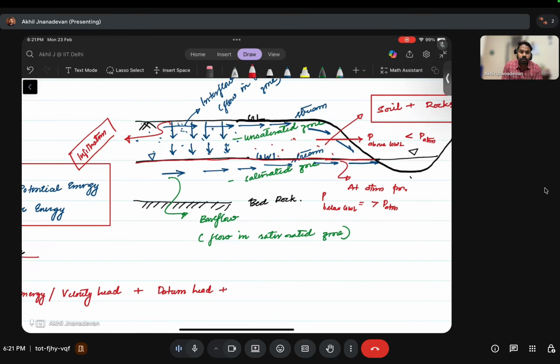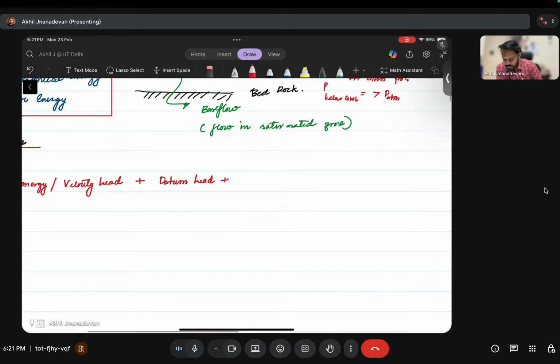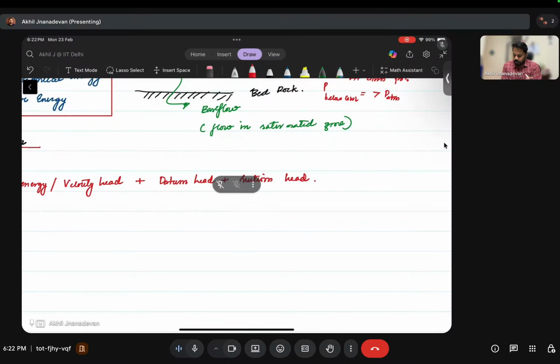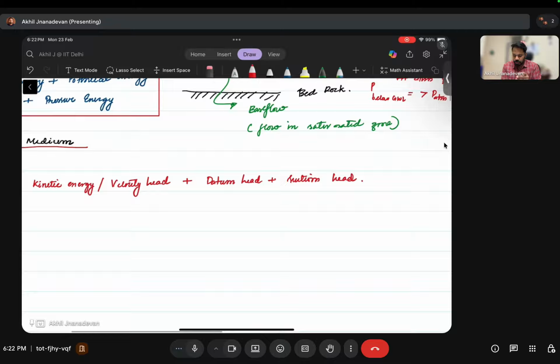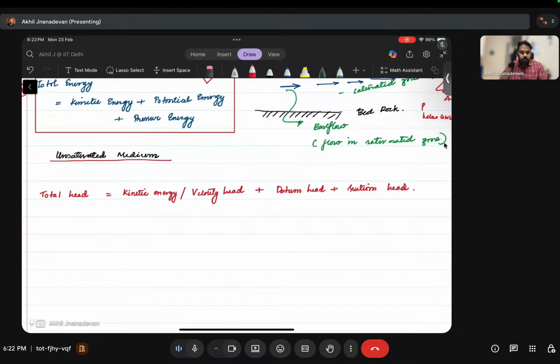This suction is mainly drawing the water into the subsurface. Since the pressure is less than P atm, we call that pressure suction, suction pressure, or suction head. These are the three heads basically: the velocity head, the datum head, and the suction head. This is how we represent the total head in an unsaturated porous medium.